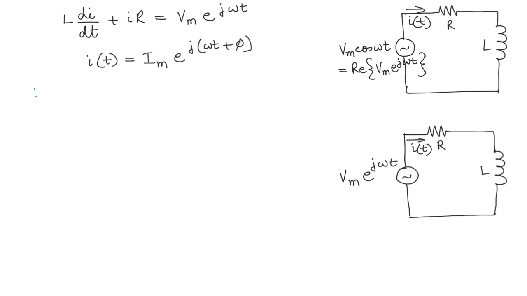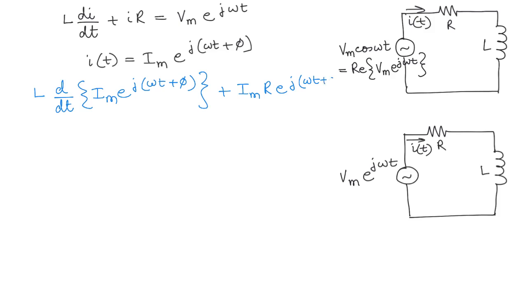Okay, so let's write L di by dt, that's d over dt, of Im e to the power j omega t plus phi, plus Im R e to the power j omega t plus phi, equal to Vm e to the power j omega t. And that's going to turn out to be L, and how would you differentiate this?